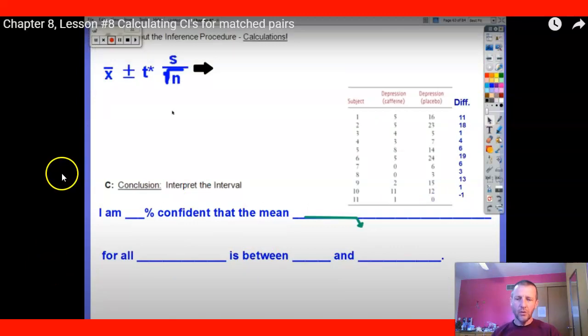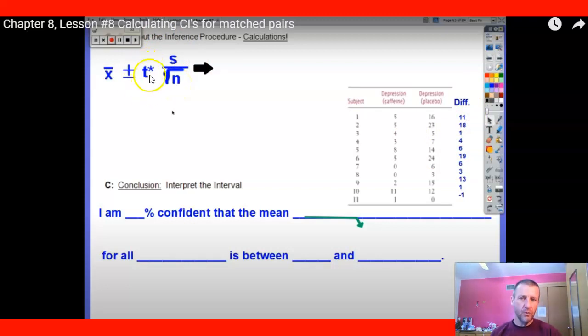Now, here's where the actual calculations would happen. What we would need: x bar, remember, that's our statistic from our sample. 11 plus 18 plus 1 plus 4 plus and so on, divided by 11 would equal this. The standard deviation, if we put those things in our list and find the standard deviation of those, would go right there, over the square root of 11.